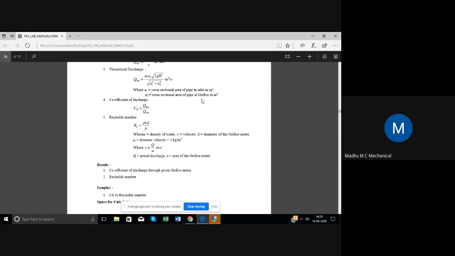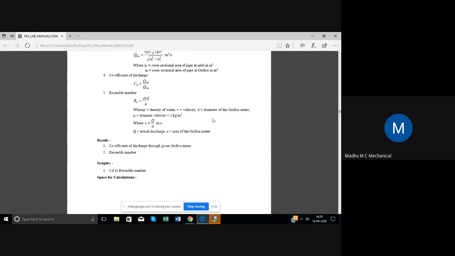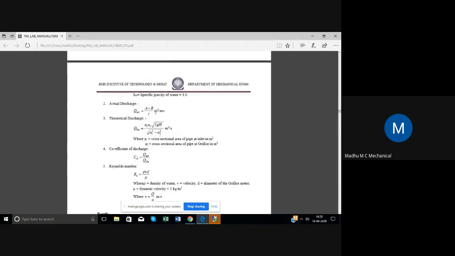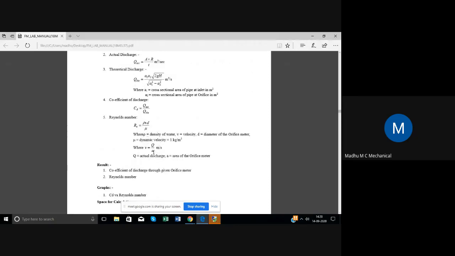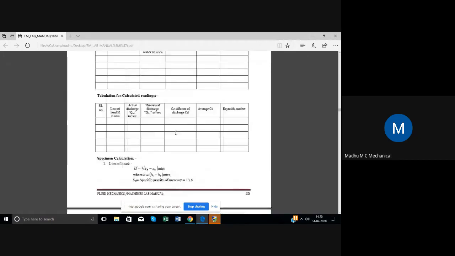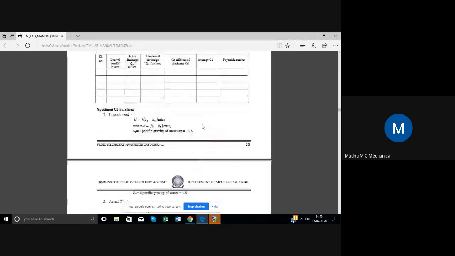Next, Reynolds number, rho V d by mu. Rho, density of water. How much density of water? 1000, into velocity. V, I told you, V is equal to Q by A, because Q is equal to A into V in the continuity equation. So Q is actual discharge, which you have calculated here, divided by area. Which area? Orifice meter. That means D2, you have to take that diameter.